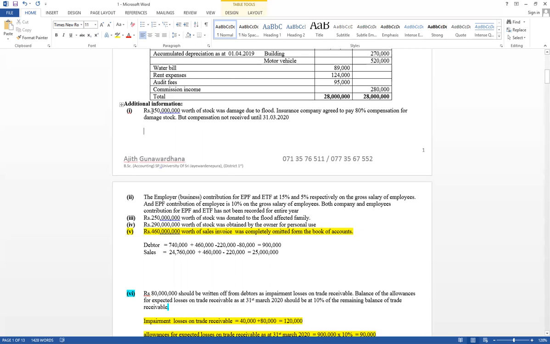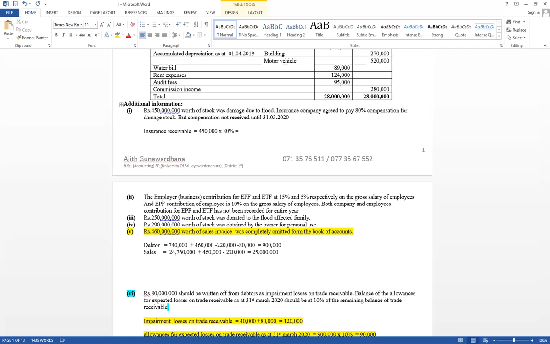First one, think about damaged stock value equal 450,000, but the insurance company agreed to pay 80% as compensation. Therefore, from the beginning, insurance receivable, not received yet. Damaged stock value equal 450,000. Based on that value, the insurance company agreed to pay 80% as compensation.